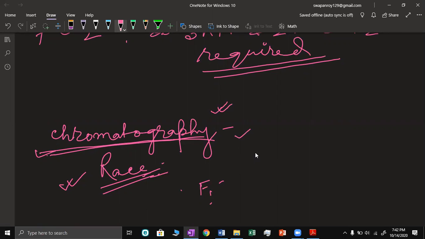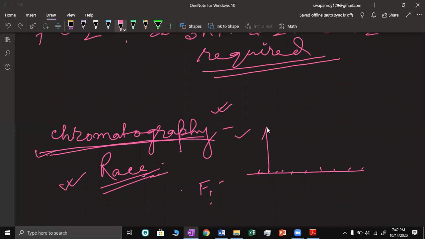In the race, what happened? All the competent ones, they start from the same point, say the zero line, is it?